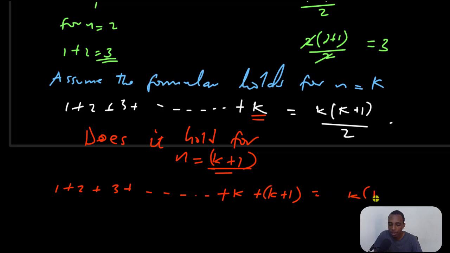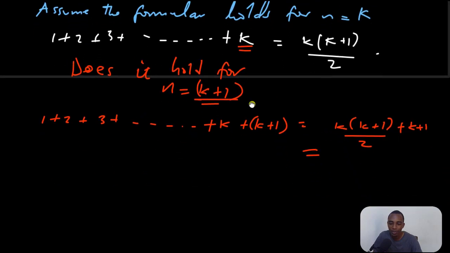So we have k into k plus 1 divided by 2 plus k plus 1. Now this is of course an obvious thing and it doesn't tell us anything about the formula. So we want to concentrate on the right hand side and see if this formula can be equated to what we started with.